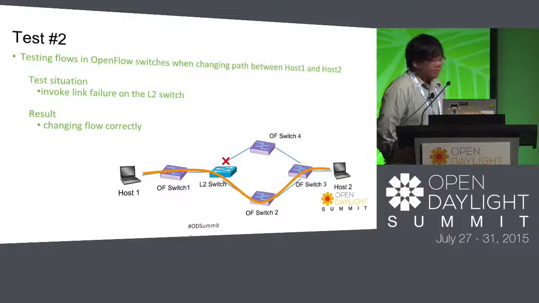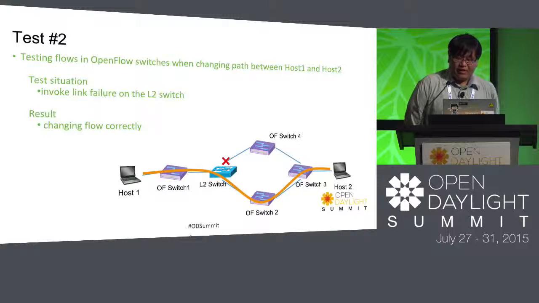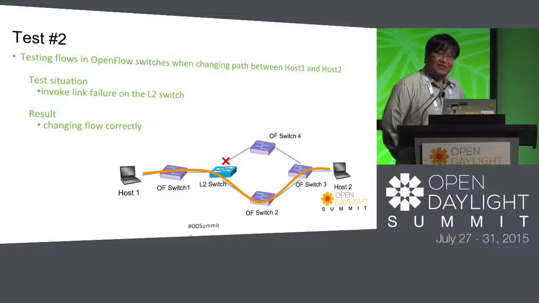In this configuration, we want to check what happens if a link failure occurs between the L2 switch and OpenFlow switch 4. To make this situation, we removed the cable between the L2 switch and OpenFlow switch 4.